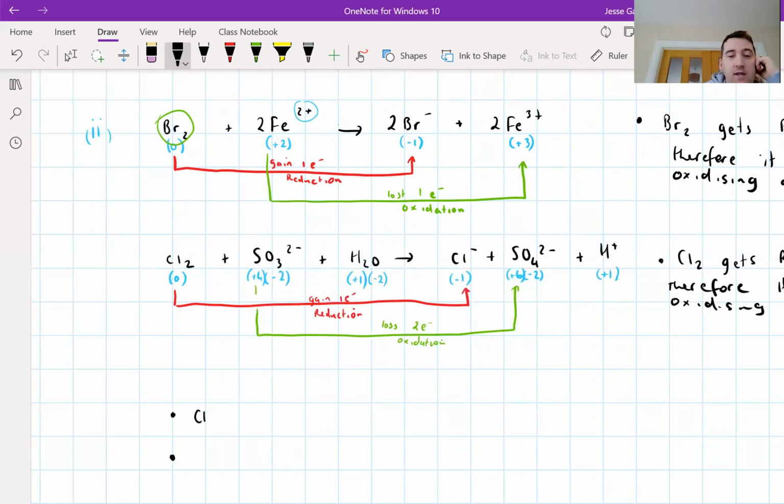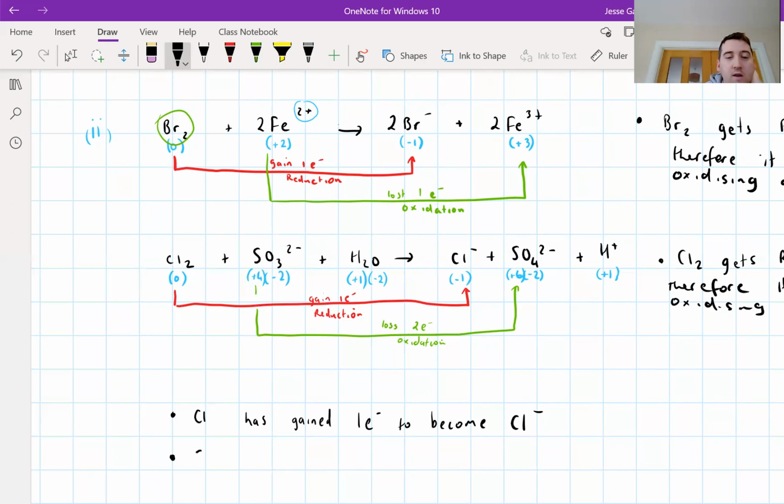So I would begin by saying Cl has gained 1 electron to become Cl minus. You do a similar sentence for what else has happened here.